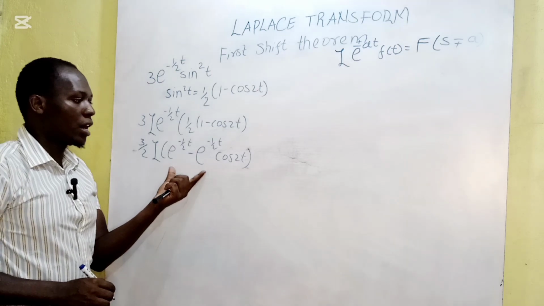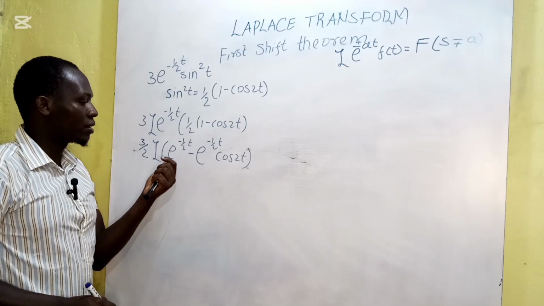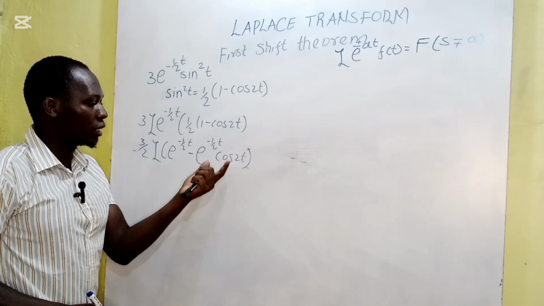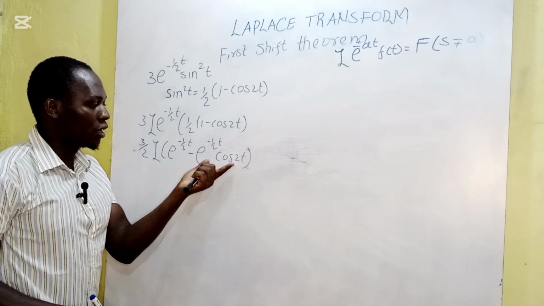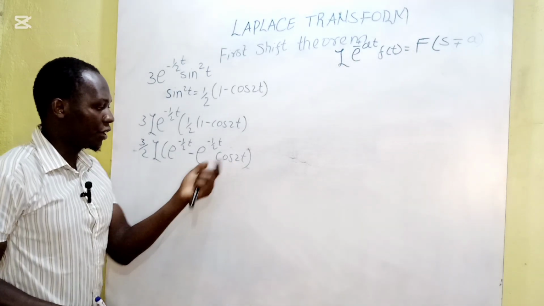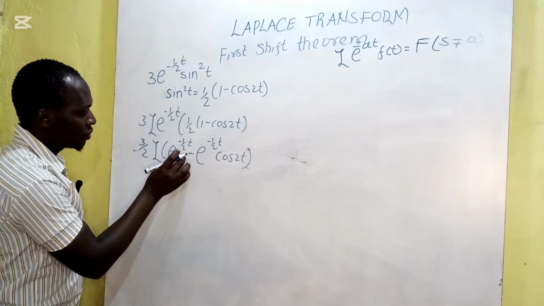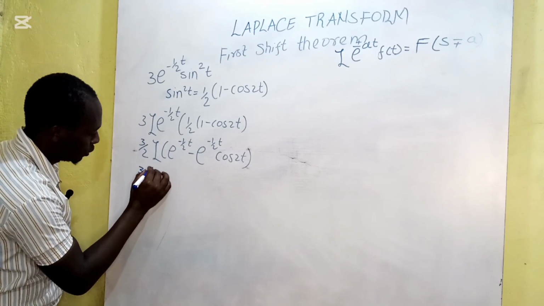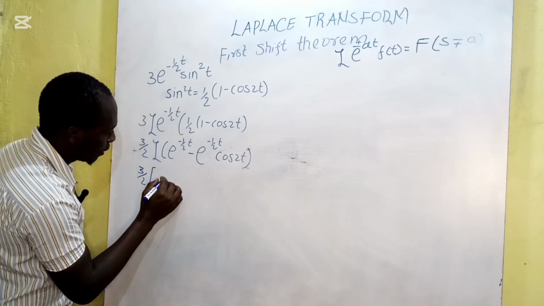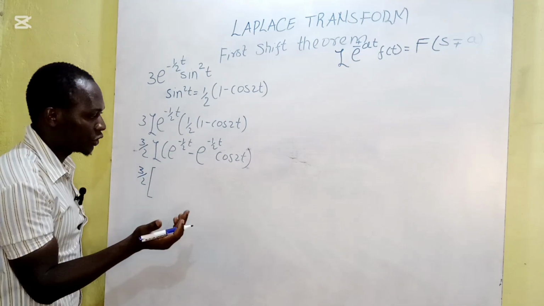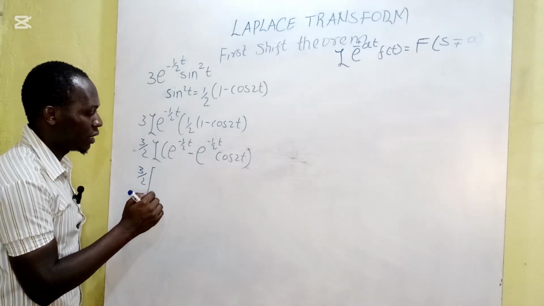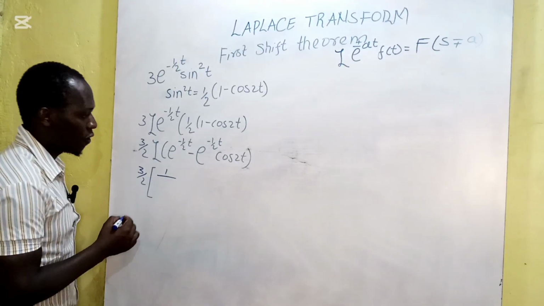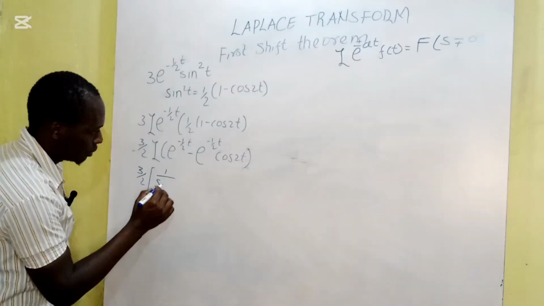From this point now, we can do the Laplace transform of our exponential and use the first shift theorem in solving our function here. By finding the Laplace transform of our function here, we are going to have 3 all over 2 into, here we do not have a function f of t, so we are going to find its Laplace transform directly, and we are going to have 1 all over s.